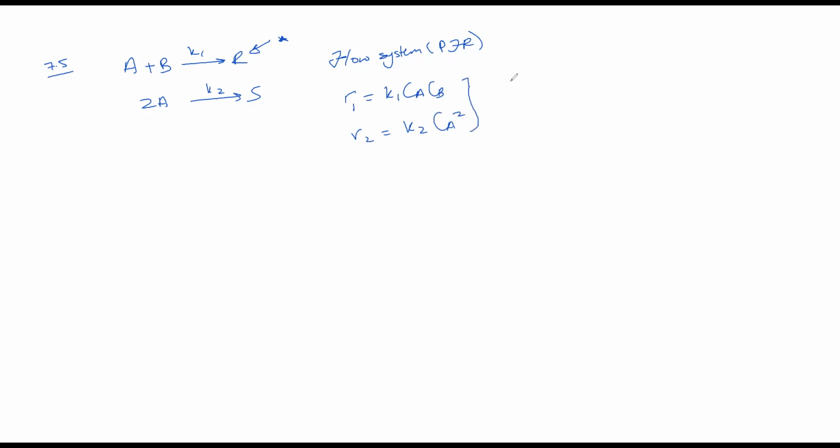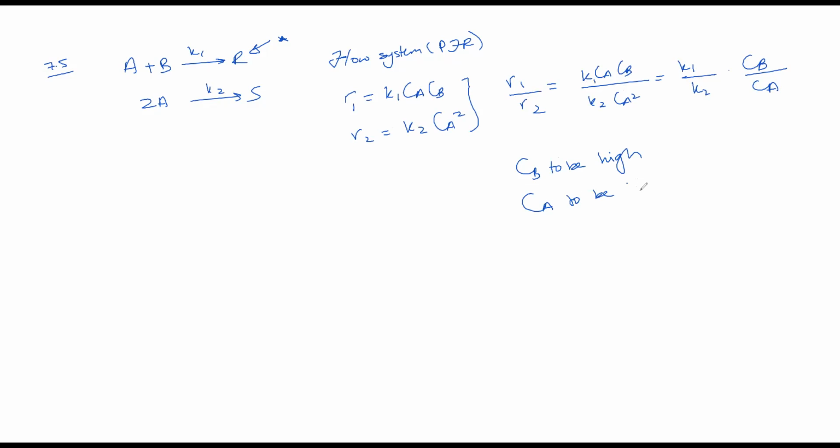So if I write the ratio, R1 over R2, it's going to be K1 Ca Cb over K2 Ca squared. And this is basically K1 over K2 multiplied by Cb over Ca. So in order to maximize this ratio, I want Cb to be high, and I want Ca to be low.